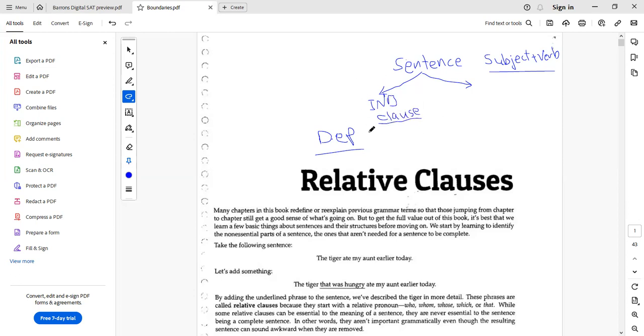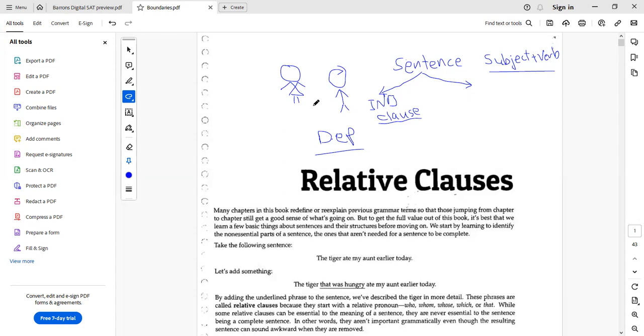And the independent clause looks like your father and your mother. They depend on themselves. They don't need anyone to depend on. They are working. They are feeding themselves.